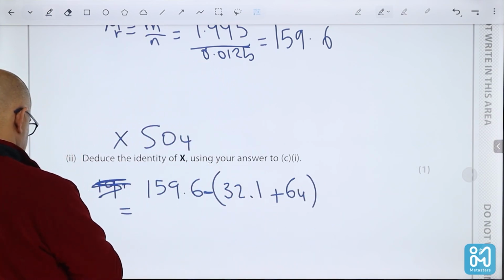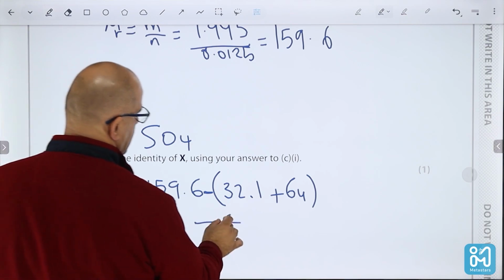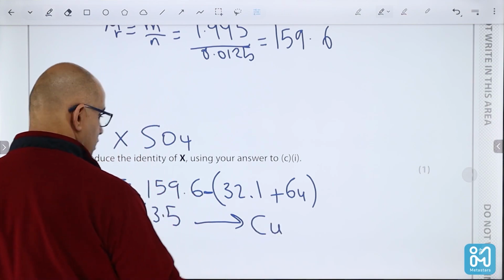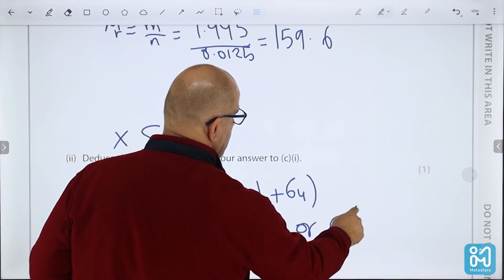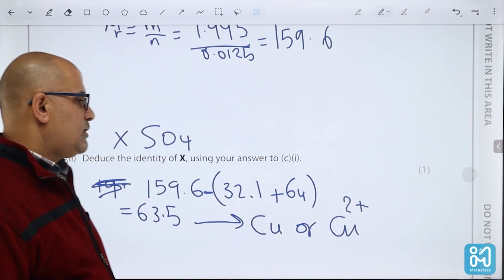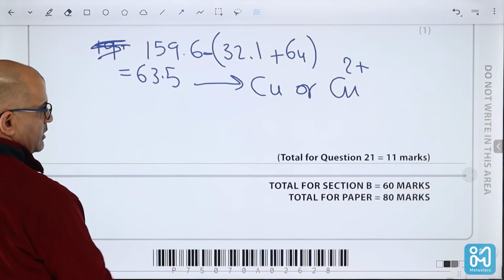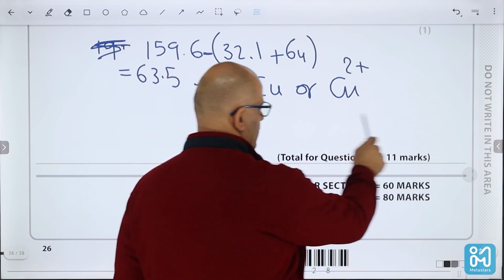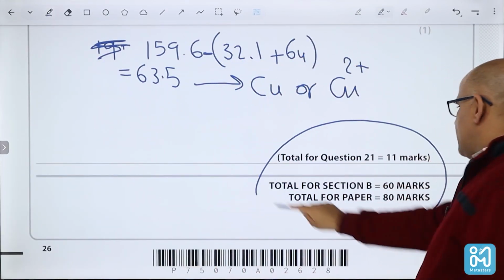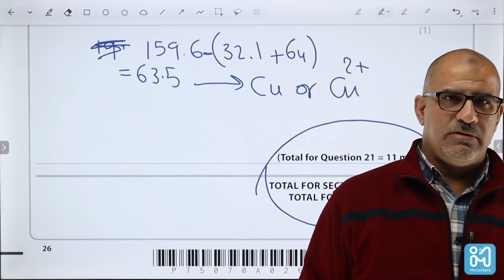This equals 63.5, and that's Cu, or Cu positive 2. If you return back to the periodic table, you will find the molar mass of copper is 63.5. Like that, my students, you can get full marks in your external test.